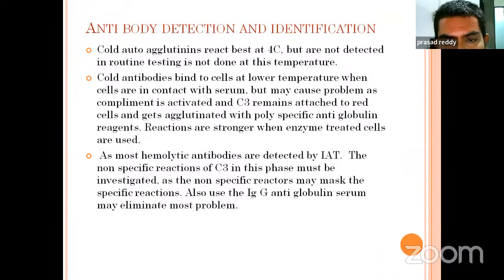Reactions are stronger when enzyme treated cells are used, as most hemolytic antibodies are detected by indirect antiglobulin test. These non-specific reactions of C3 in this phase must be investigated, as they may mask the specific reactions. Also use the IgG immunoglobulins. IgG antiglobulin serum may eliminate most problems.